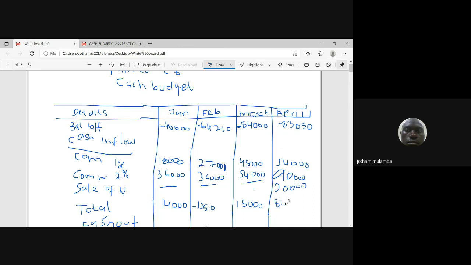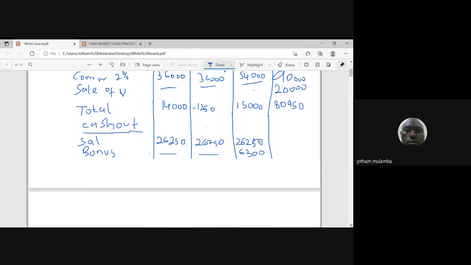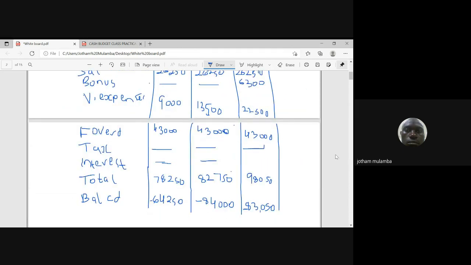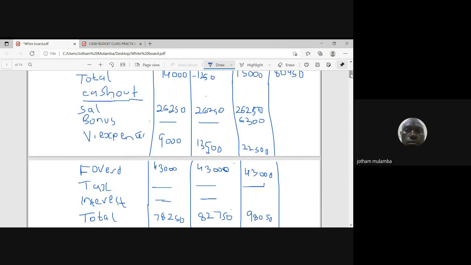Somebody to confirm? 80,950. Okay. So nobody has a contrary answer. Now we move on. We now want to record the cash outflow. So our salary does not change. So it will be 26,250.